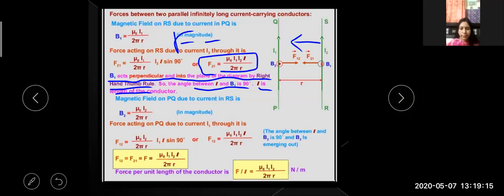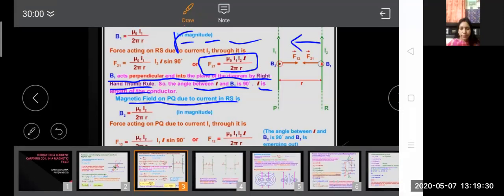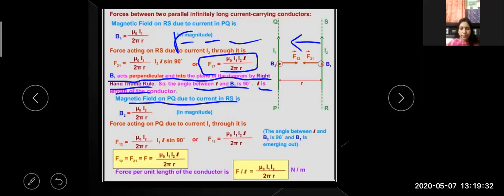Now for conductor PQ, the magnetic field on PQ due to current RS is given by, as we have done in the previous case, B2 is equal to mu naught I2 upon 2 pi R. Clear?